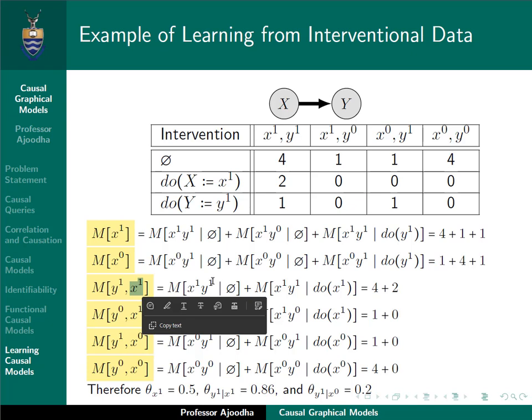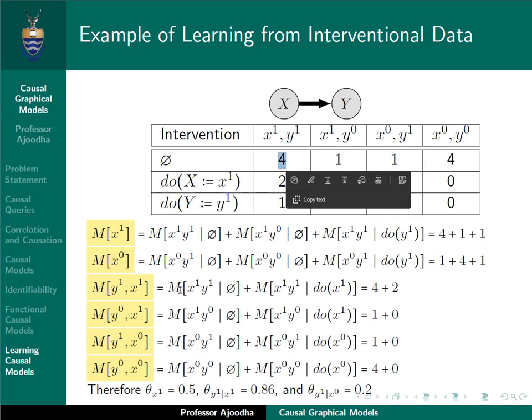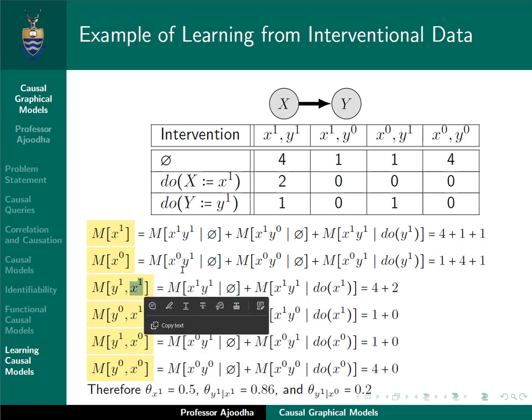And for that one, we count where they occur naturally like that, which is x1, y1 here. So we count this 4, and then we also count where we forced x1, right? We don't count where we force y1. We count where we force x1, and so that is over here twice.